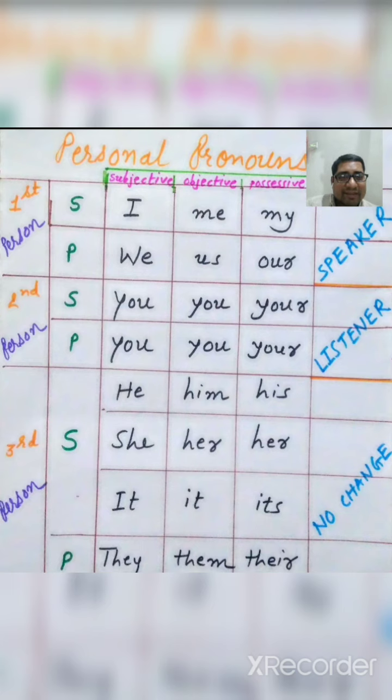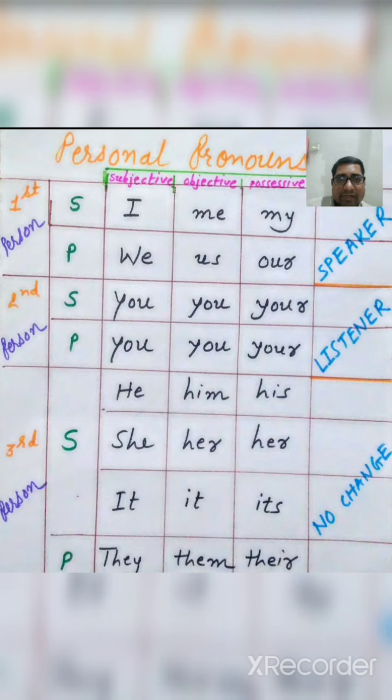So let me explain. Now speaker that I have mentioned in these two rows in first person. Okay, so I and we both are the pronouns in first person. So we can say that first person is used for speaker. Am I right or wrong?